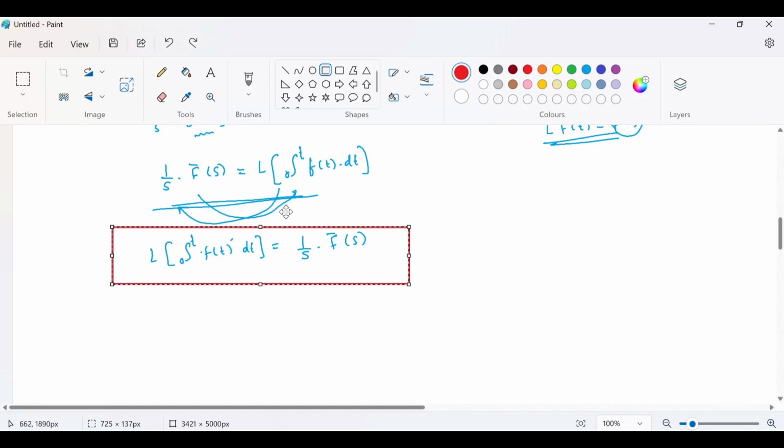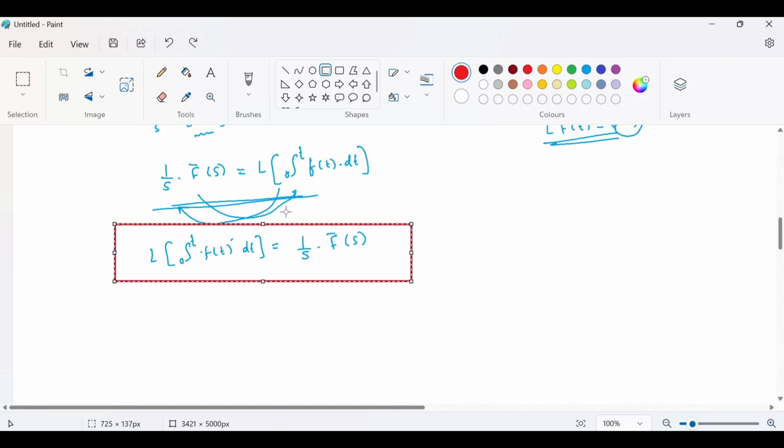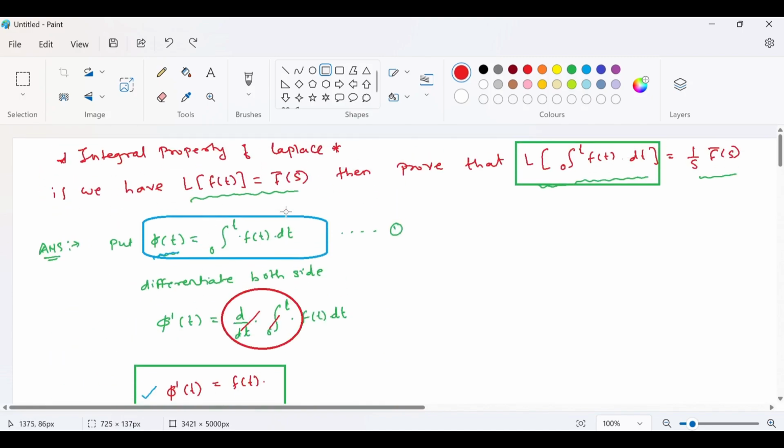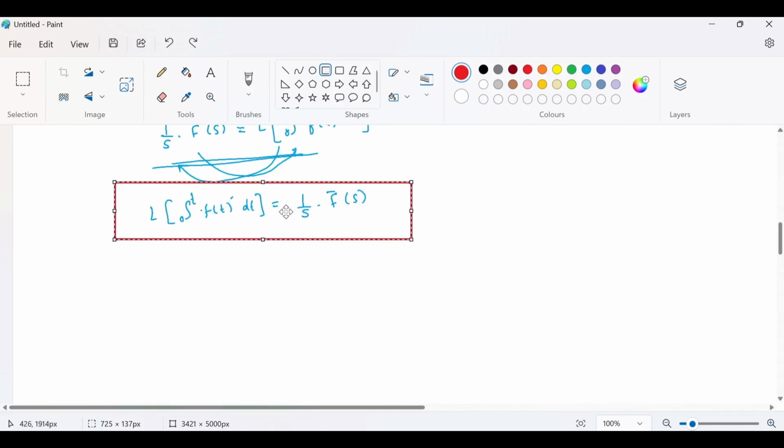So if you see the example, Laplace of integration 0 to t f of t dt is equal to 1 upon s f bar of s. The same term we have derived here.